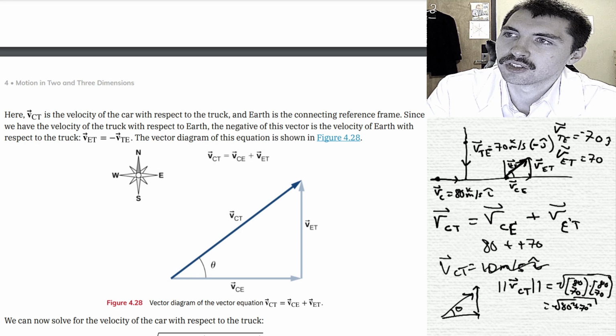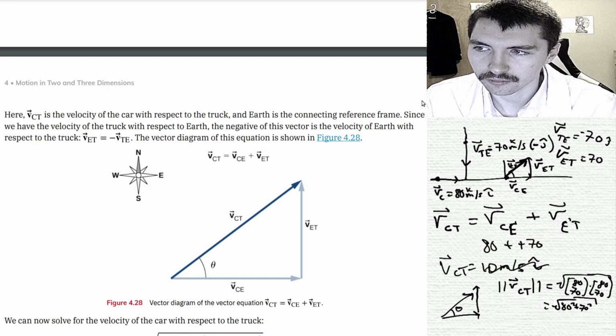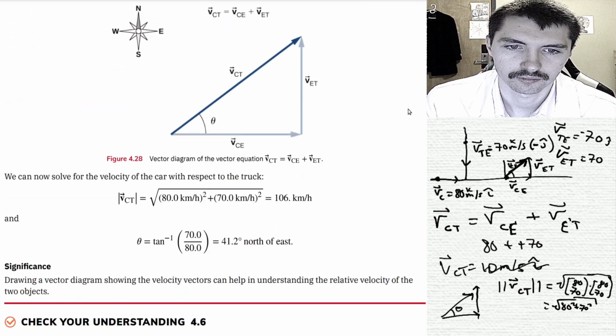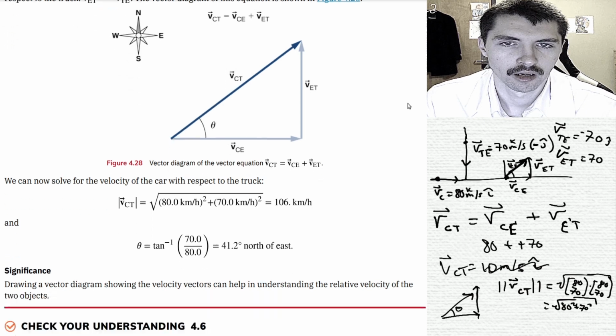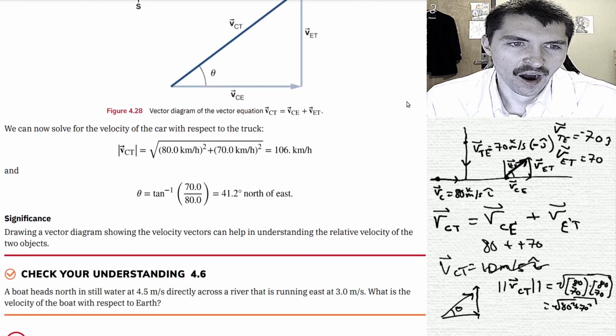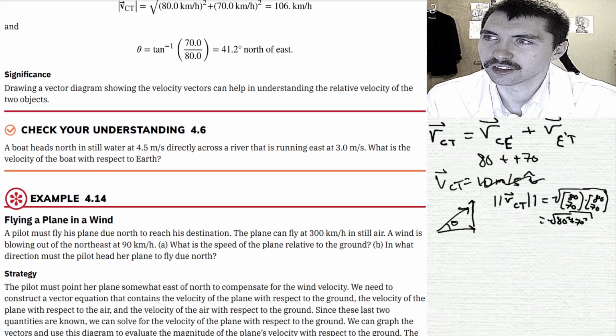So when you flip this, then you can say, okay, we can move the origins, these two origins, we can put them on top of each other, and then we can connect them. All right, let's try another one.